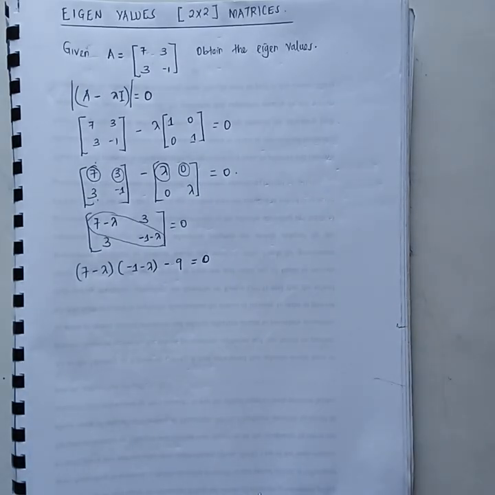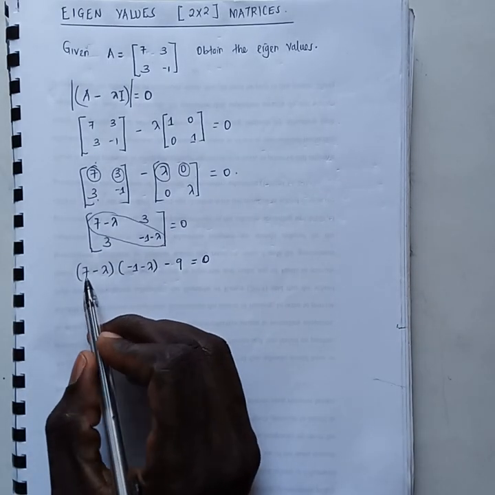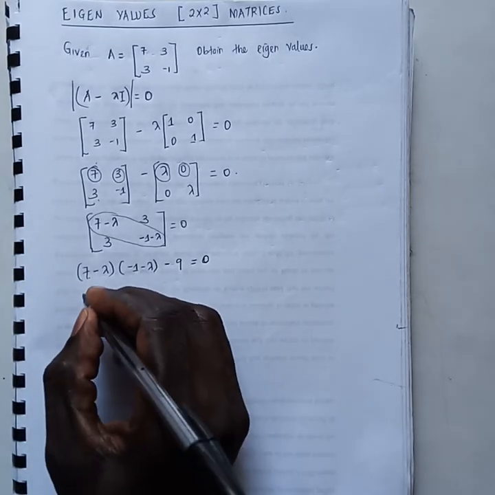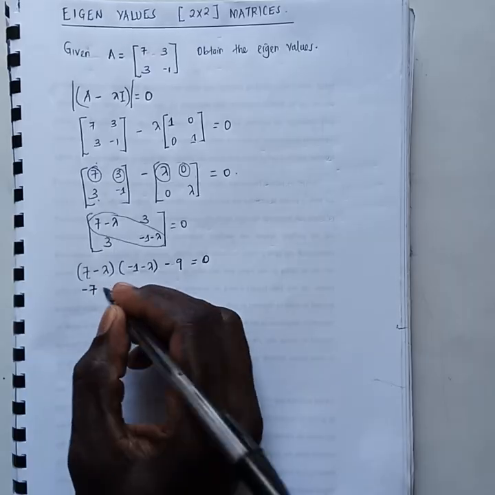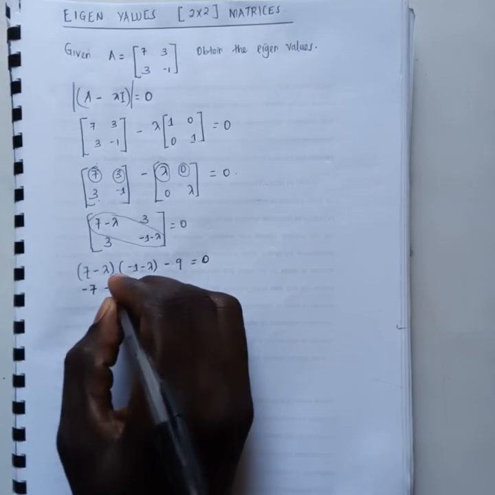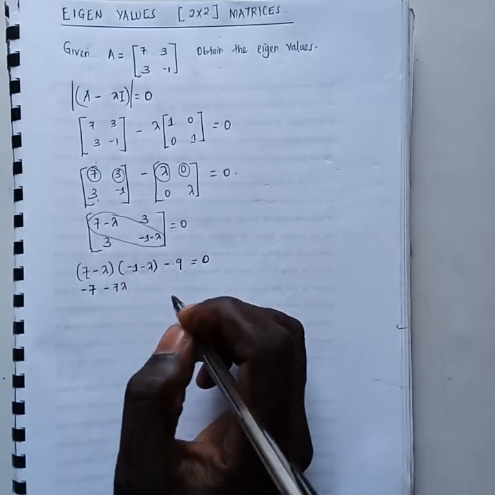From that point, we are going to multiply this. We are going to open these brackets. So we are going to say 7 multiplied by negative 1, it is negative 7. And 7 by negative lambda is negative 7 lambda.